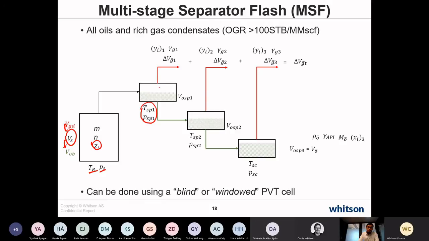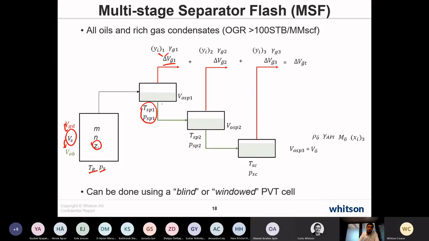Then we remove this entire gas volume at this separator pressure and temperature. So delta VG1 is the surface gas volume from the first stage separator. We measure the composition and the gravity of the gas from the first stage separator.